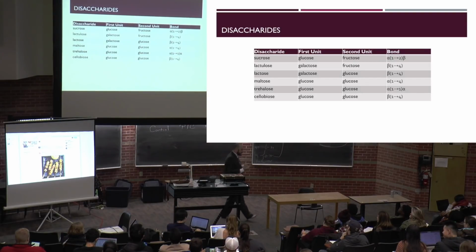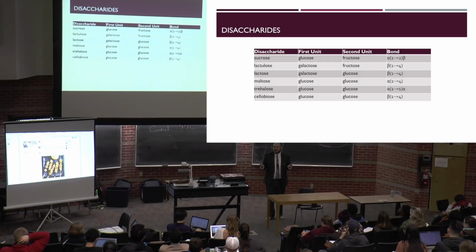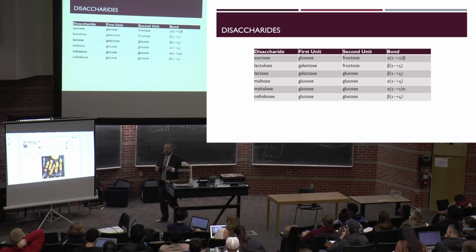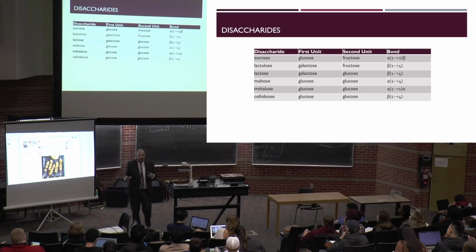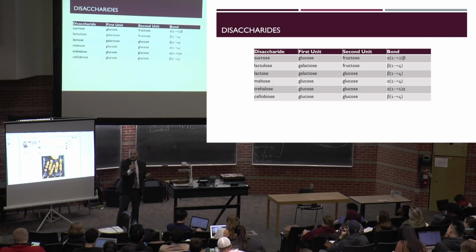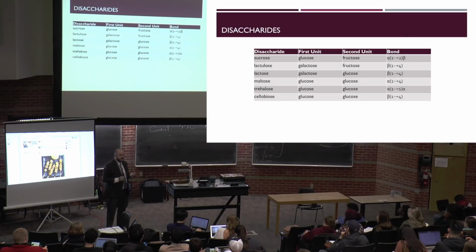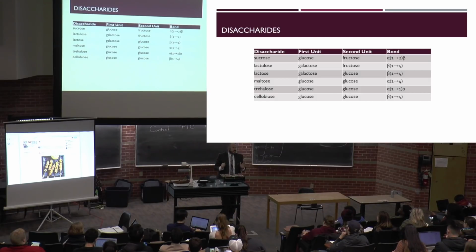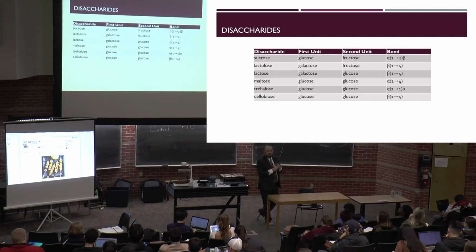Now, what's really interesting is all monosaccharides don't have the same intensity of sweetness. And disaccharides are less sweet, typically, than monosaccharides. But it's dependent on the configuration and the conformation. Where those hydroxyl groups are in three-dimensional space determines the relative sweetness of that molecule.